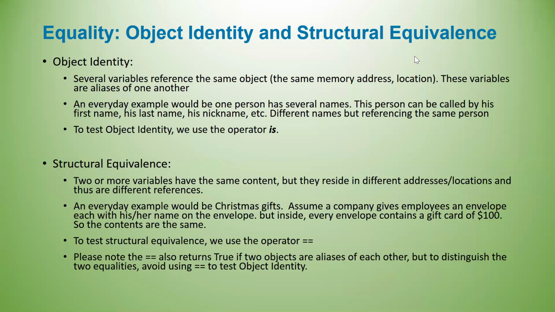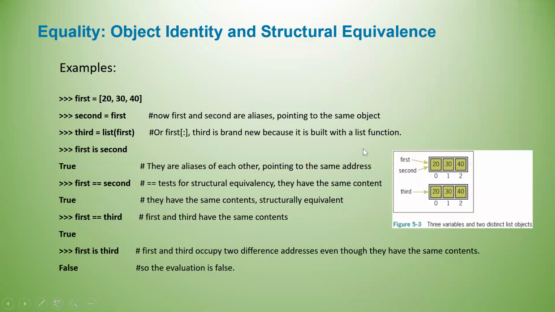Okay, let's look at another example. First and second are aliases, so when you test second is first, it returns true because they point to the same location.